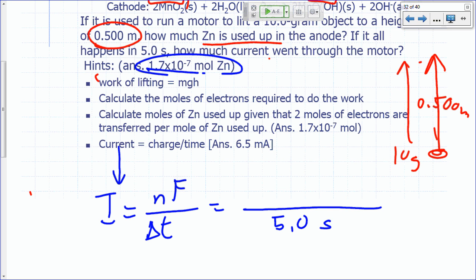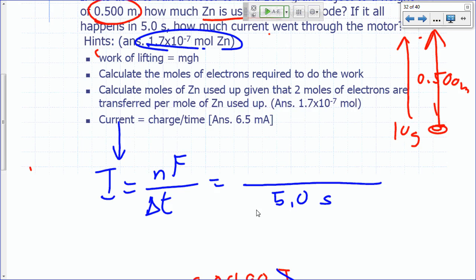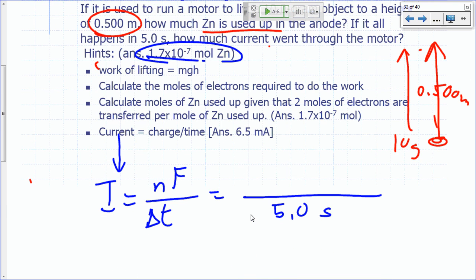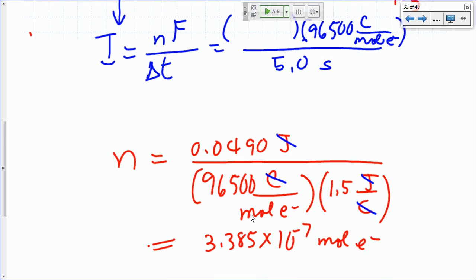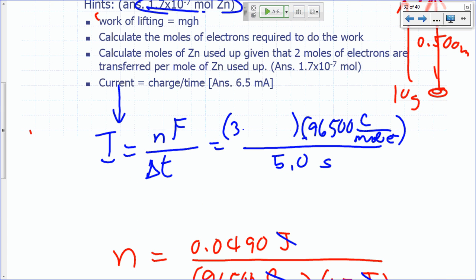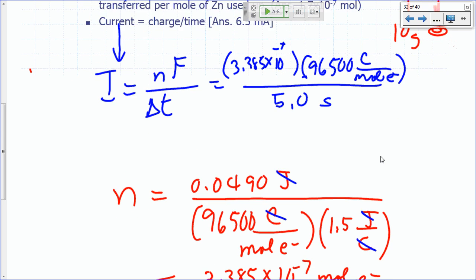And how much charge did we transfer? 96,500 coulombs per mole of electrons, by how many moles of electrons? 3.385 times 10 to the negative 7 moles of electrons. I need some room.